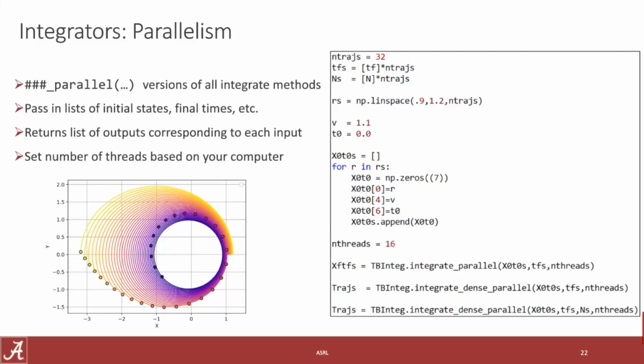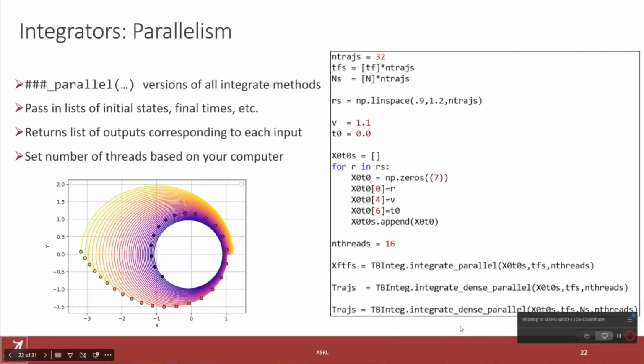The results that come out of that, are they time history vectors of the state? Yes. So the data coming out will be, I believe, I'll double check this and state it a little bit later to make sure. I believe it's going to return a list of time history trajectories with exact steps if you don't pass in n, and with that n.